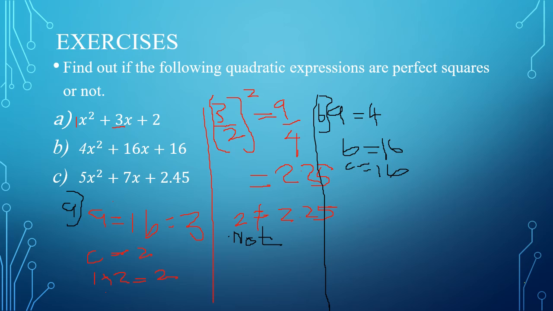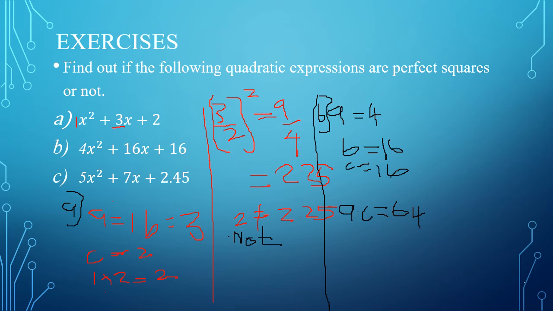And so a multiplied by c is 16 times 4. 16 times 4 gives you 64. So a multiplied by c is equal to 64.